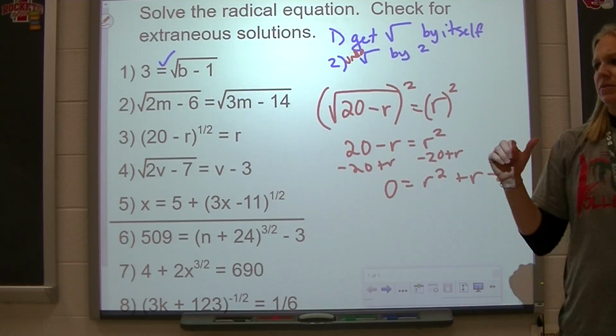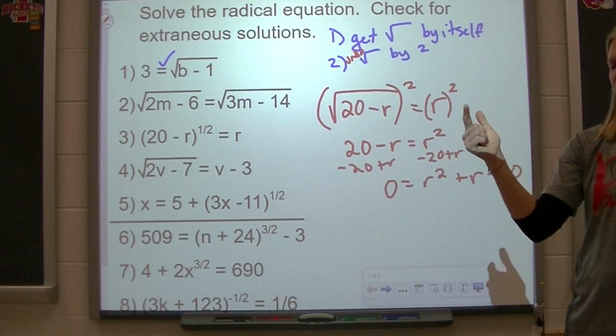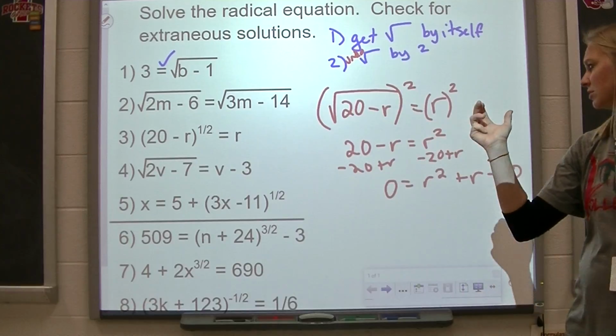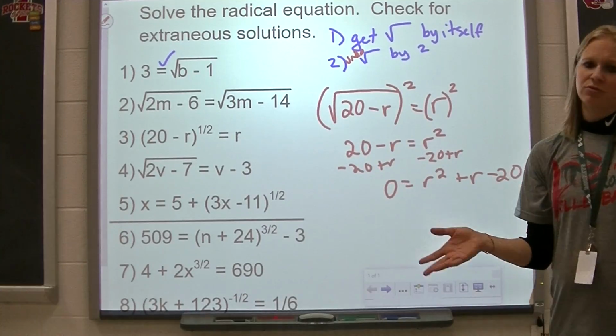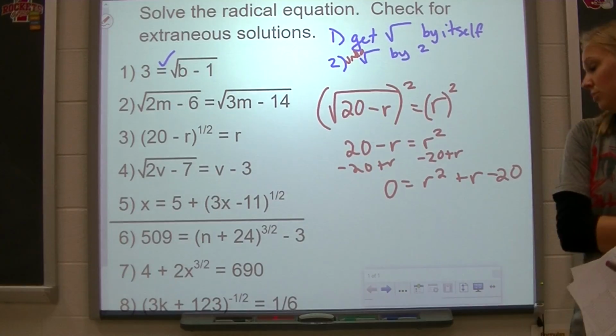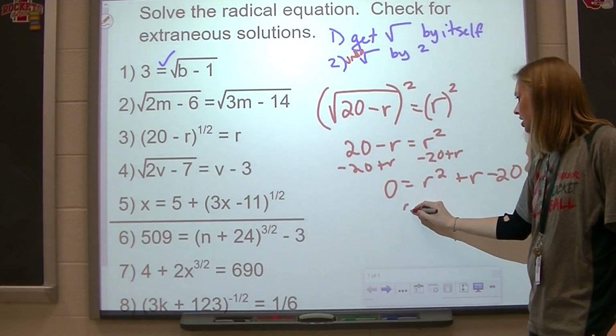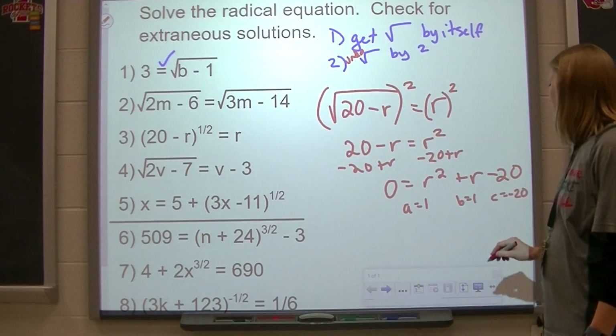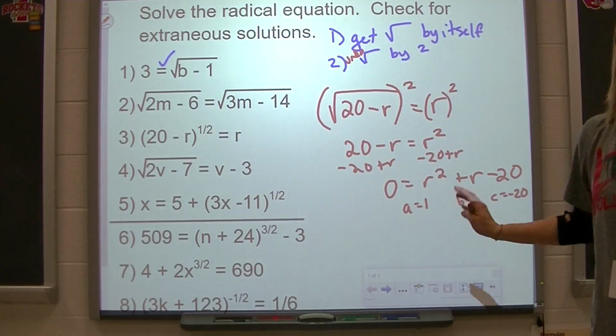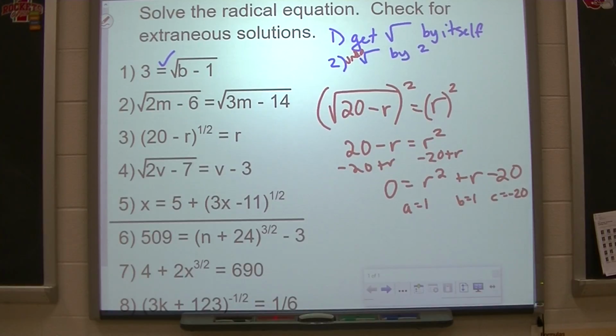We could solve it by completing the square, by graphing, by factoring, or by using the quadratic formula. Many of you, I'm sure, will use the quadratic formula. So your a, in this case, would be 1, b would be 1, c would be negative 20. However, that's going to be a lot longer of an explanation. If you need to, go back to chapter 5 in our notes and review, I think it was lesson 8, the quadratic formula. Go back and look at that and review how to do it if you need to.